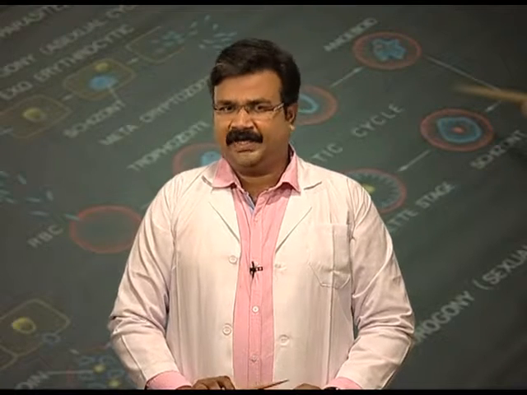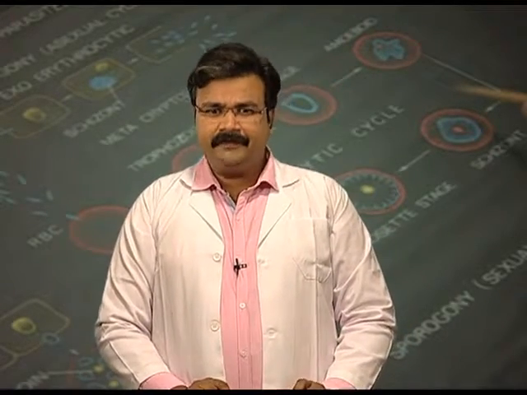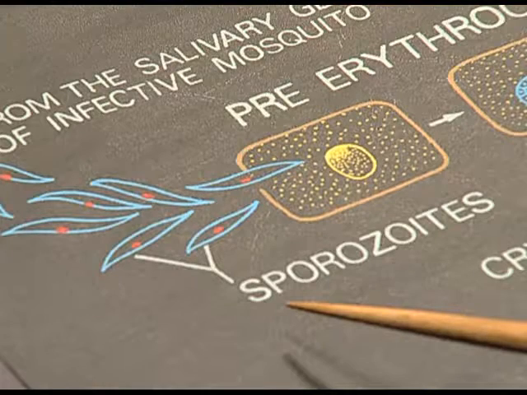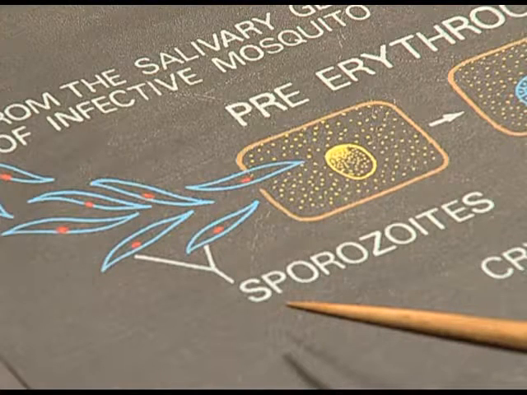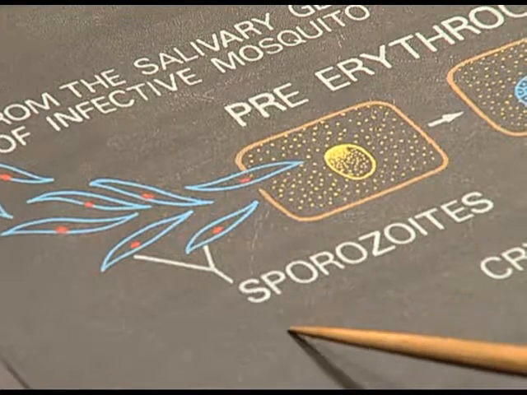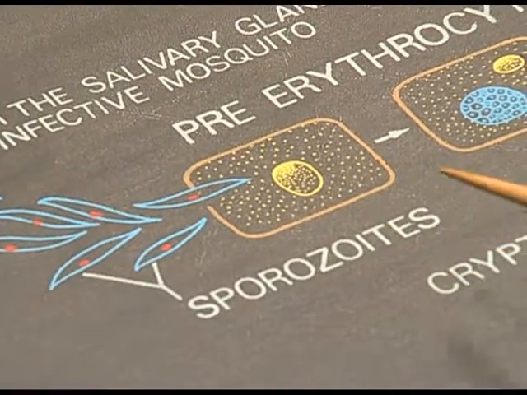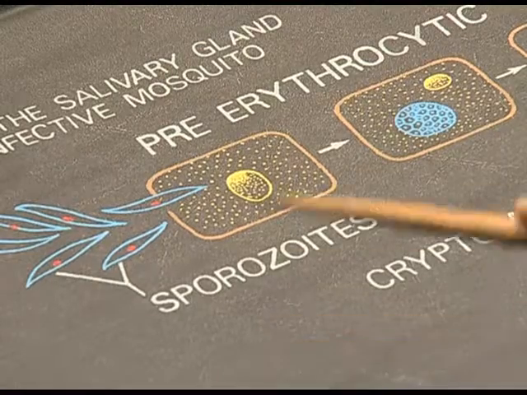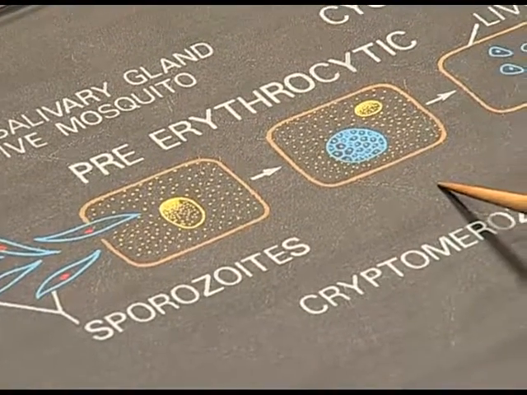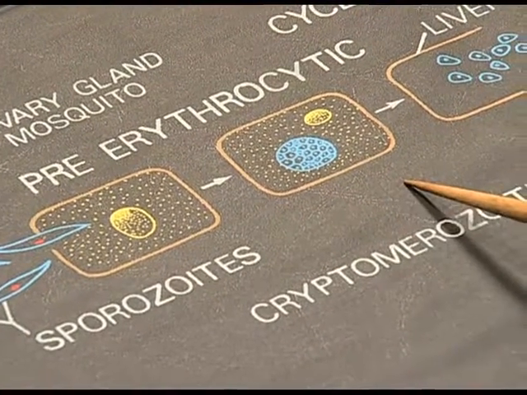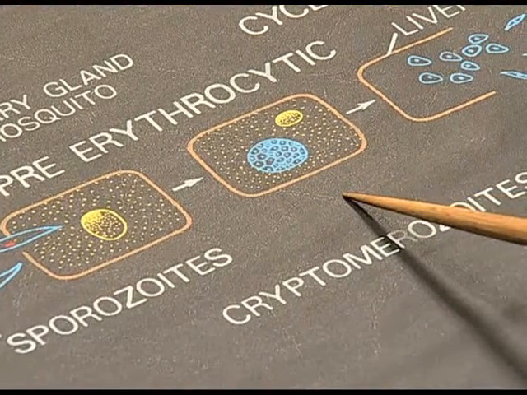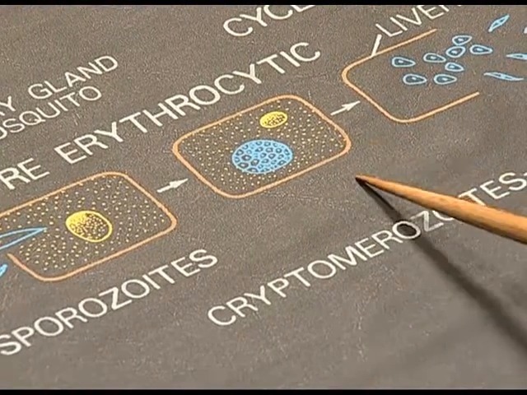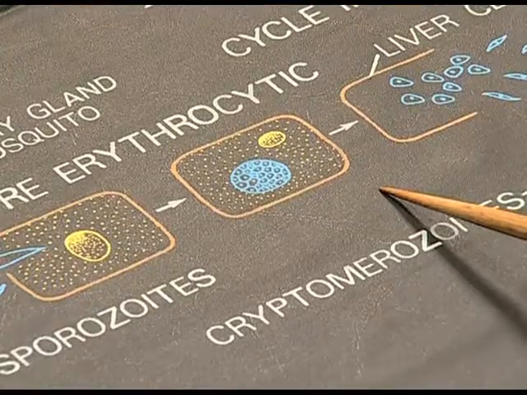Now, we come to the life cycle part. When an infected mosquito feeds on a healthy human being, you can see sporozoites coming into blood contact. From the bloodstream they go to the liver. Liver cells are also known as hepatocytes. Inside the liver cells, schizogony takes place.